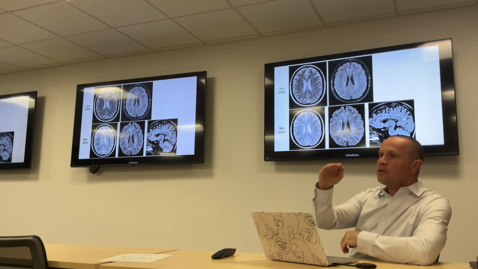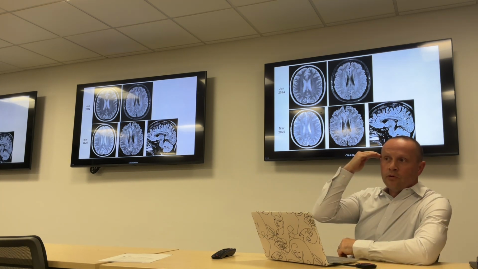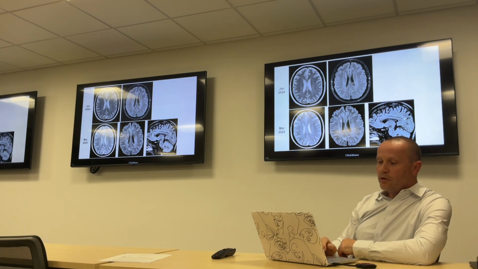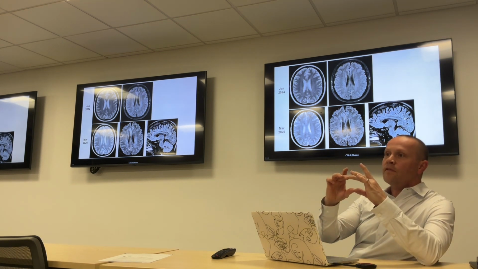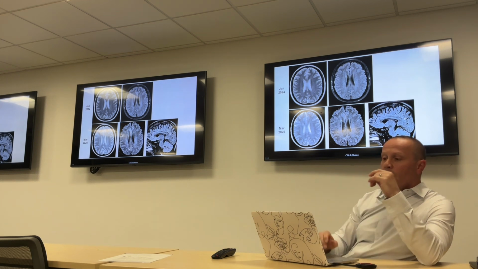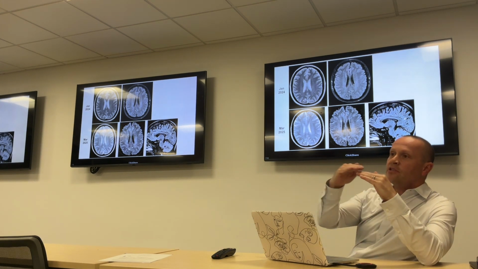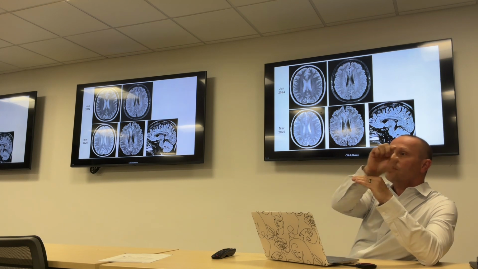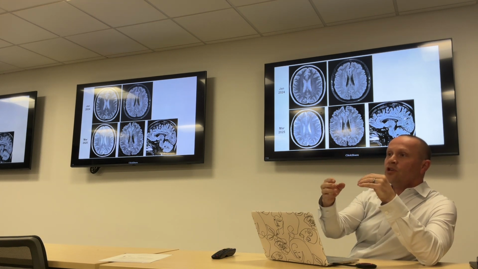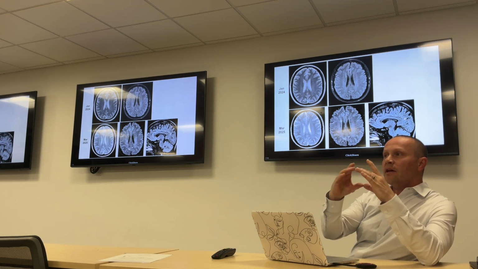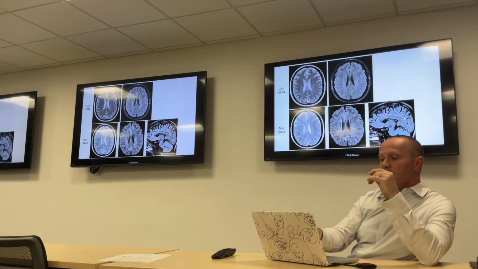So if a particular slice goes right through a lesion, like I think it's going exactly through the center of this lesion here, it'll grab more of the signal from that lesion, whereas this one may have glanced through it. So it might have just caught the top of the lesion, enough to show it on the image, but not showing it quite as brightly as it did here.